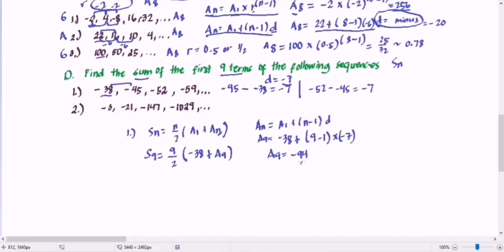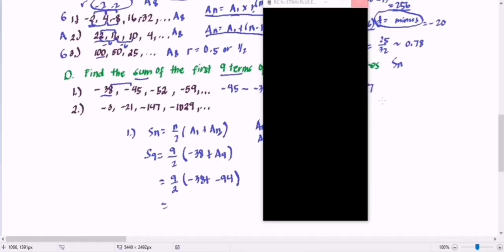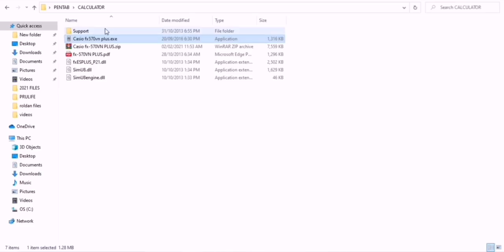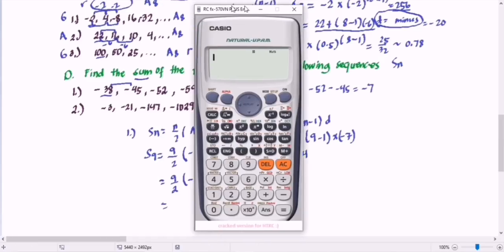Yung negative 94 na yan, yan yung ilalagay mo dito. Substitute mo. So, magiging 9 over 2 times the quantity of negative 38 plus negative 94. Yan yung magiging a sub 9 natin. I-calculate natin ulit ito.